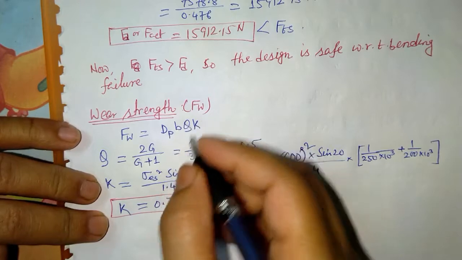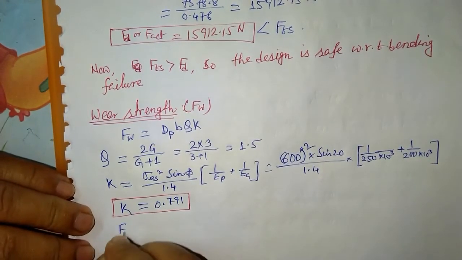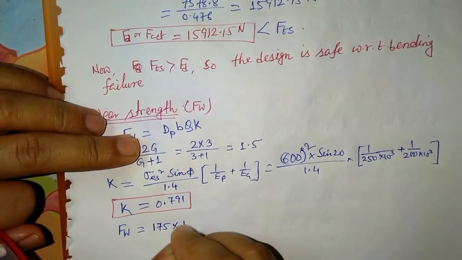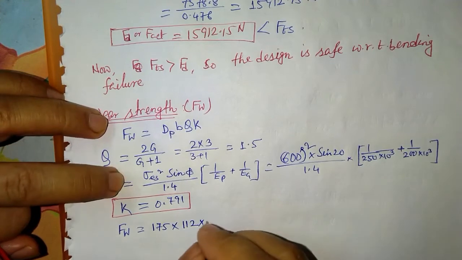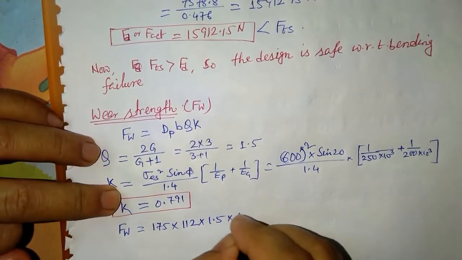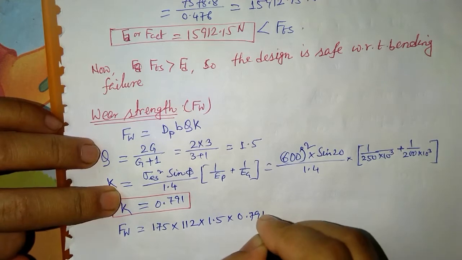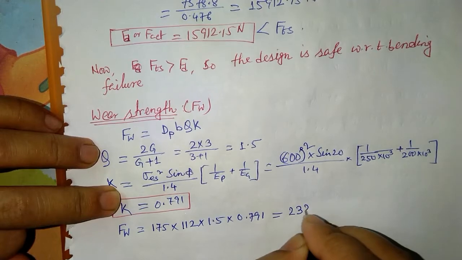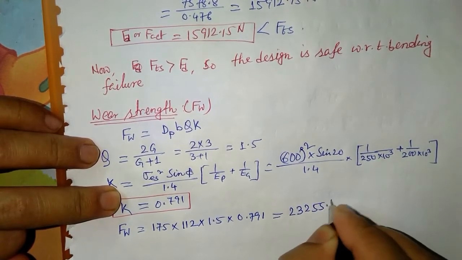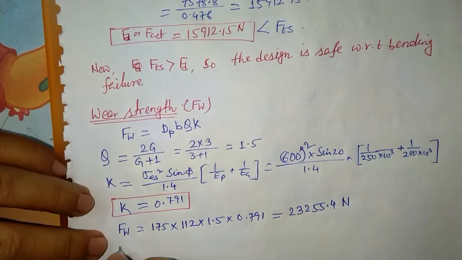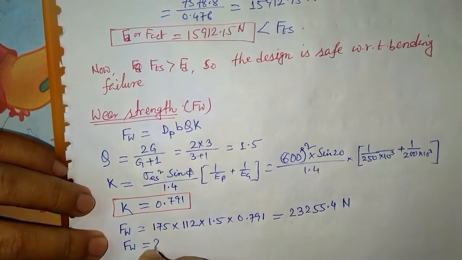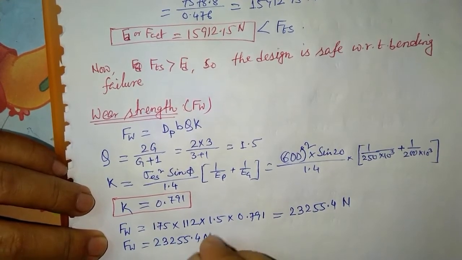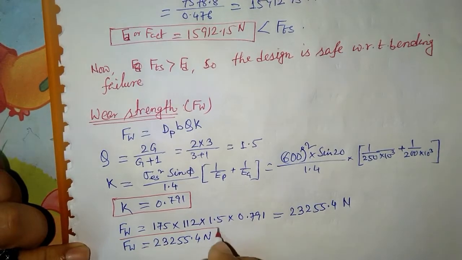So this is our FW, with dP we got 175, B we got 112, Q 1.5 and K is 0.791, and after calculation we got 23,255.4 Newton. Okay, so this is our FW is equal to 23,255.4 Newton. So this is our wear strength.